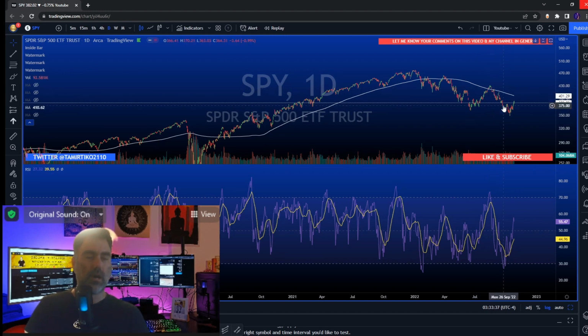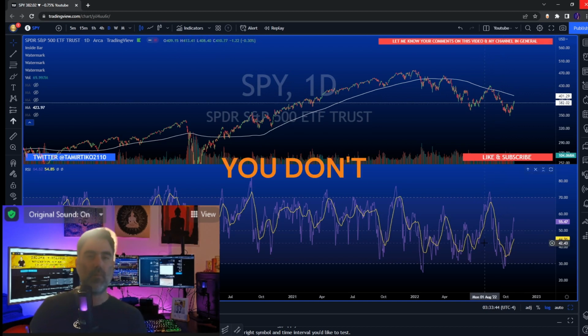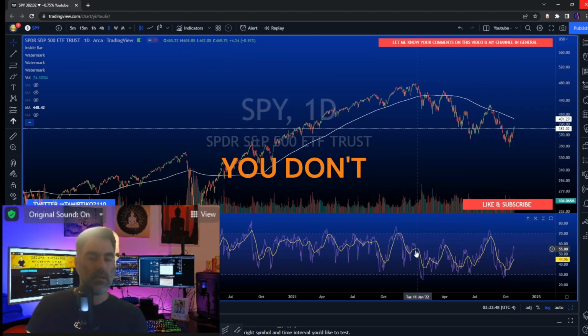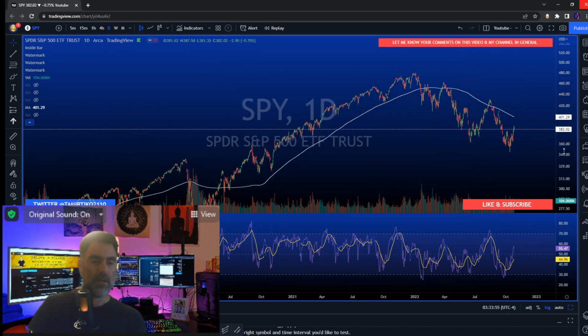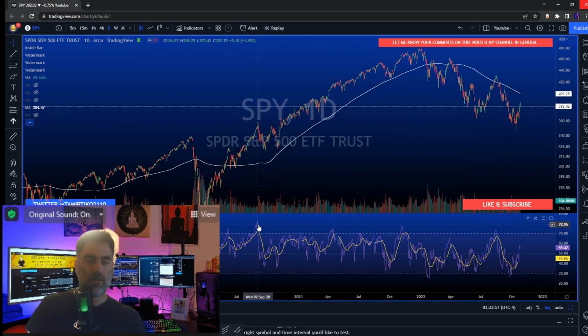But I can look at the candles and I can see it on the candles. So why do I need another line down here to show me what I can see here? And another thing, let's talk about the oversold and the overbought. Here it's overbought.